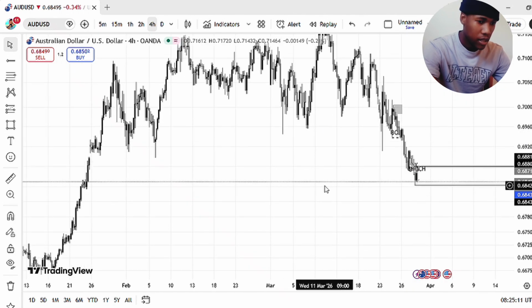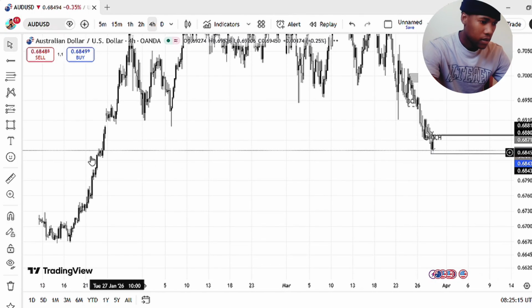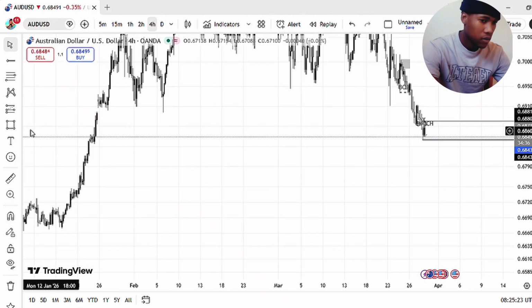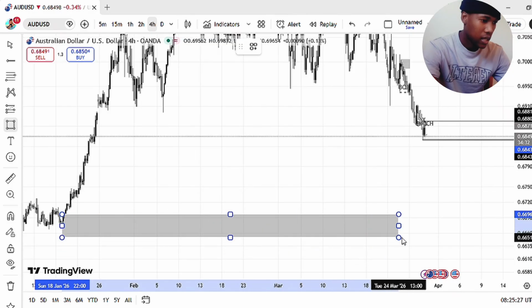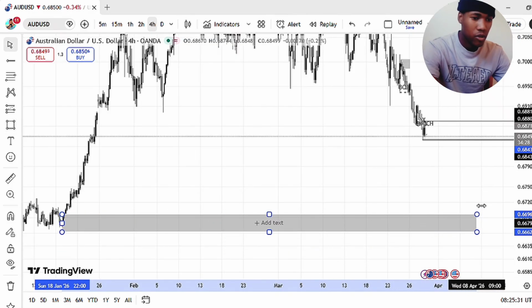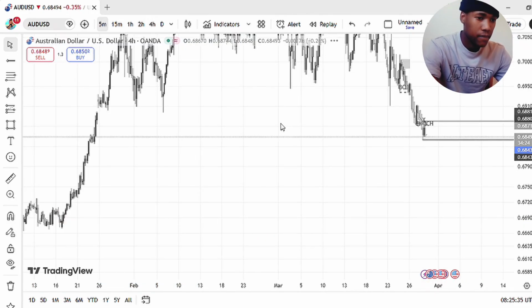I think the market is still gonna drop because there aren't many demand areas for the market to react to. So I think the market can drop towards this area right here. I don't know, but that's it.